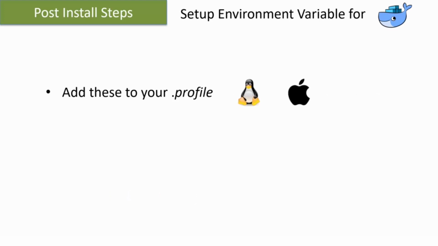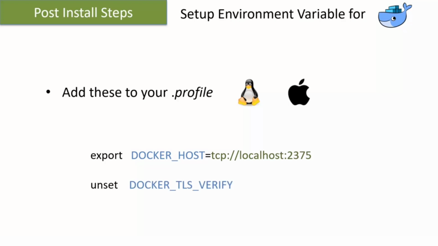If you're using a Linux or a Mac machine, then you need to make a change to your .profile file such that the DOCKER_HOST environment variable is set to tcp://localhost:2375, and make sure that the DOCKER_TLS_VERIFY variable is unset. Because if it is not unset, then you will get errors when the Docker client on the host machine will try to connect to the Docker daemon in the virtual machine.